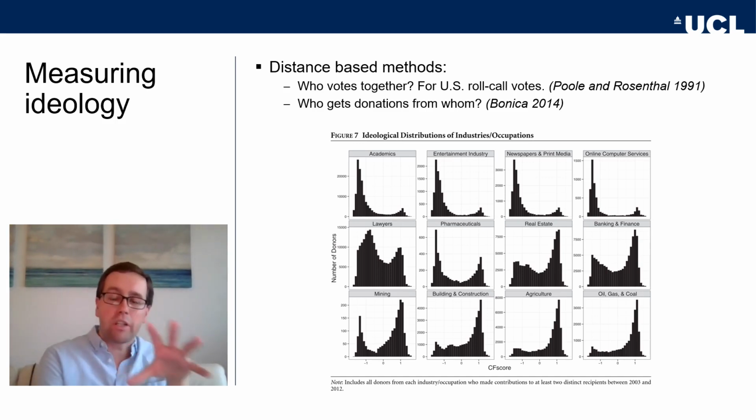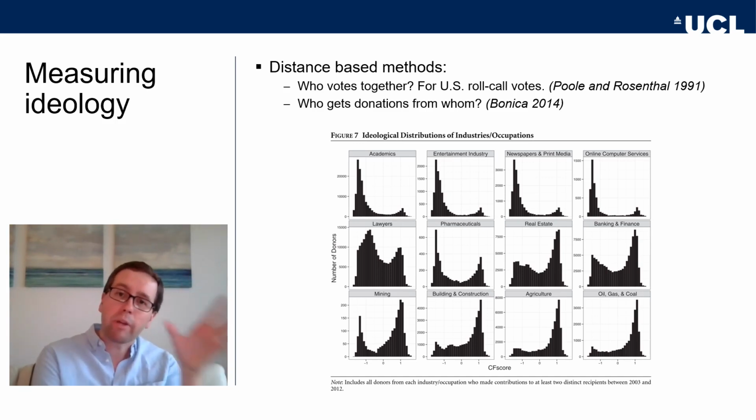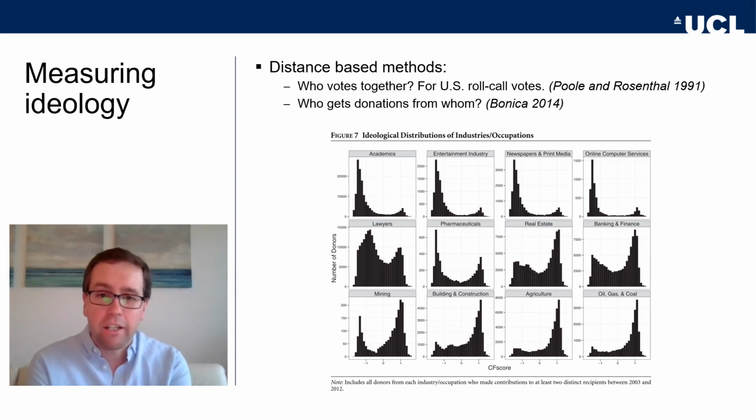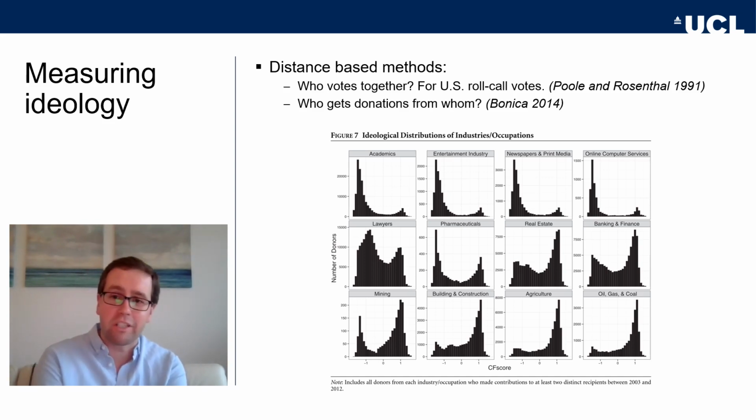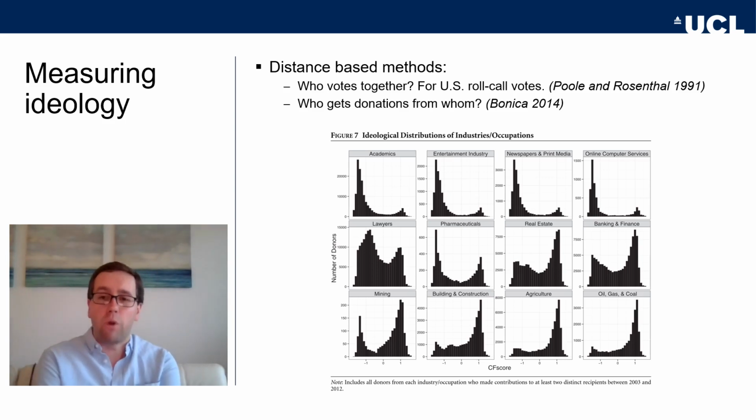The industries that give more money to right-wing candidates should be more right-wing, and the industries that give more money to left-wing candidates should be more left-wing. You can see academics, in the first place, tend to give to left-wing politicians, and the oil, gas and coal industry gives to right-wing politicians. So no surprises here. Again, using relative proximity to get at ideological similarity.